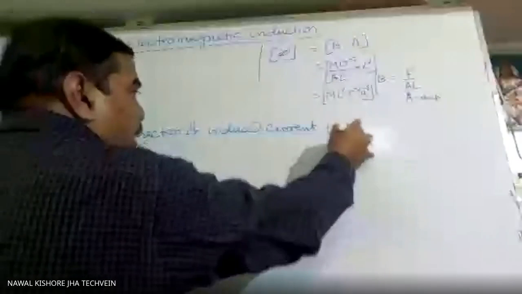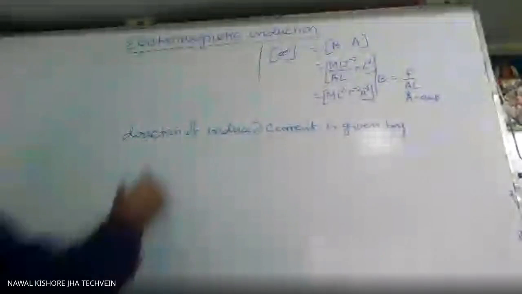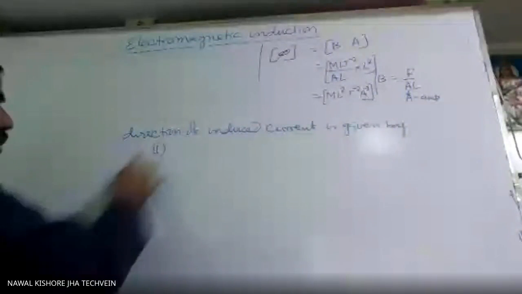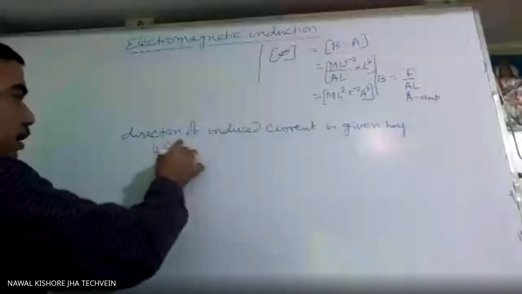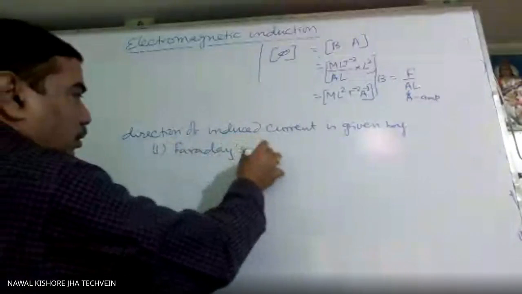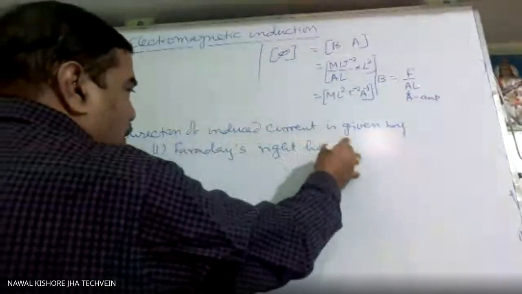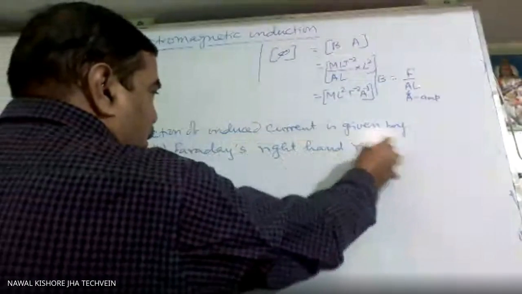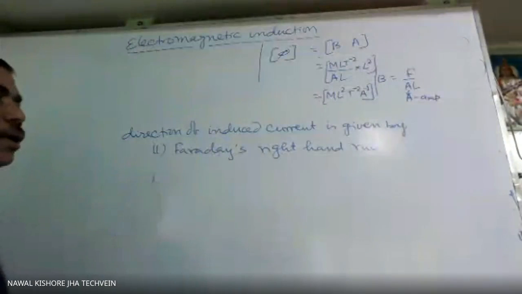It is given by two ways, which we have also seen in class 10. First is Faraday's right hand rule, and second is Lenz law.